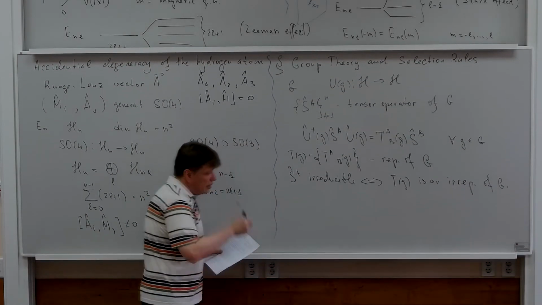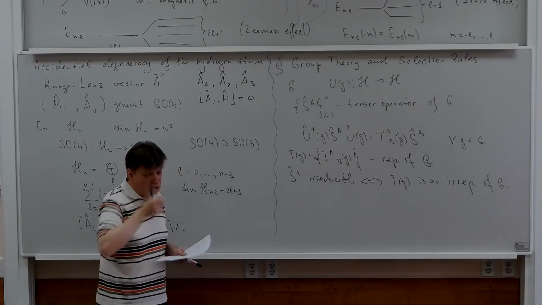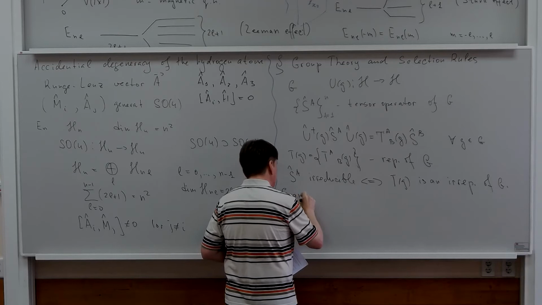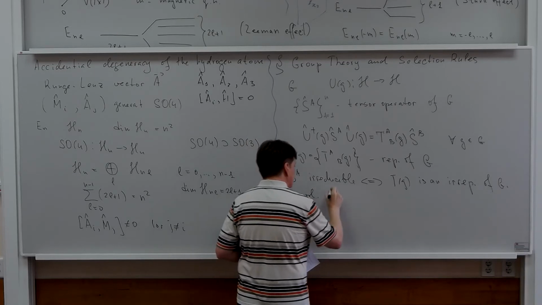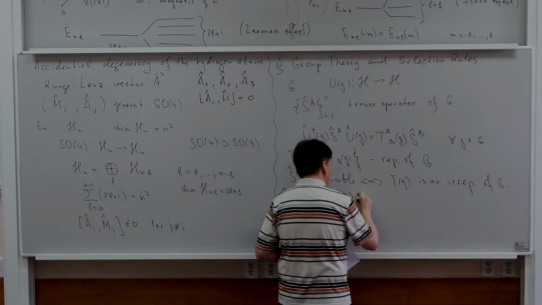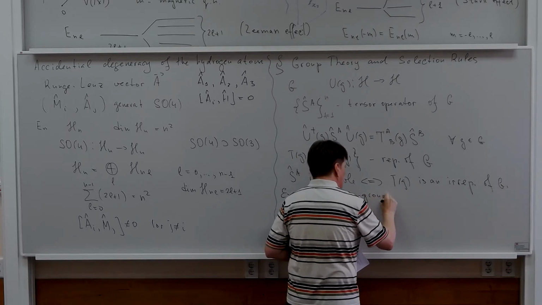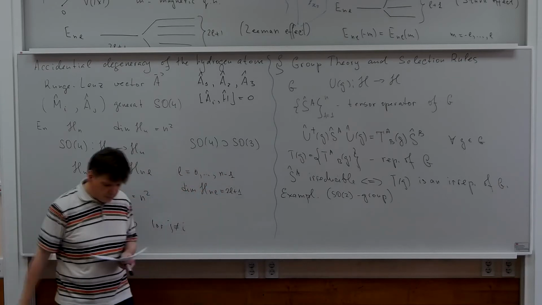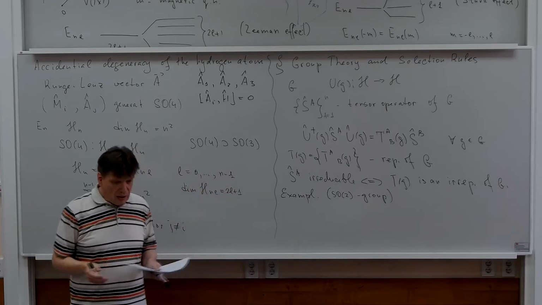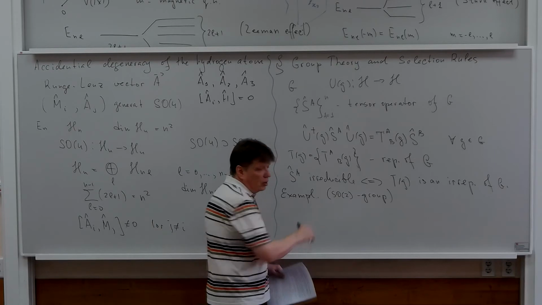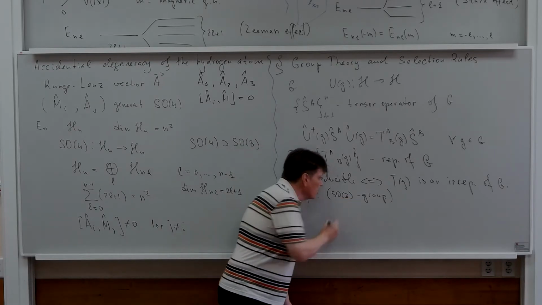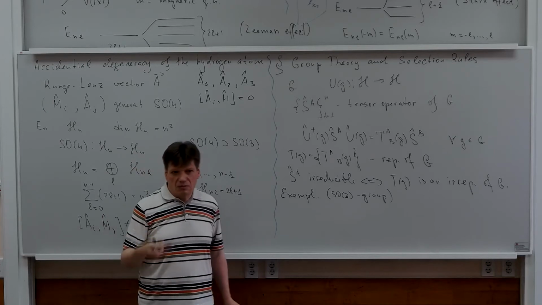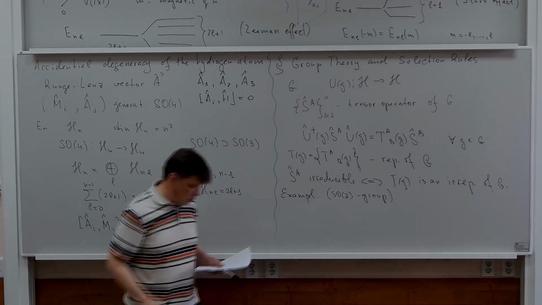Let us take the rotation group SO3 as an example. So G is equal to SO3. We can think about this group as a symmetry group of a particle moving in the central force potential, for example.